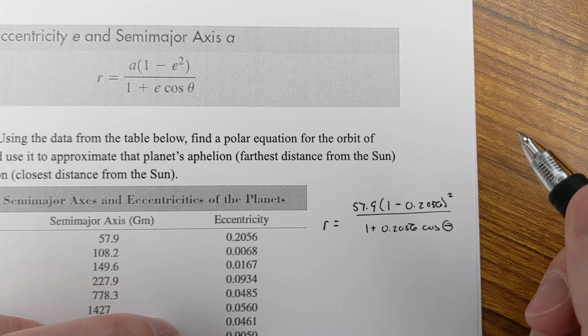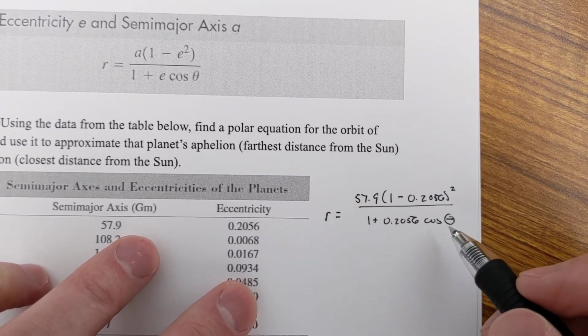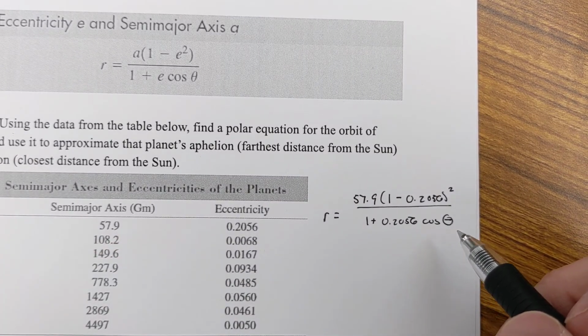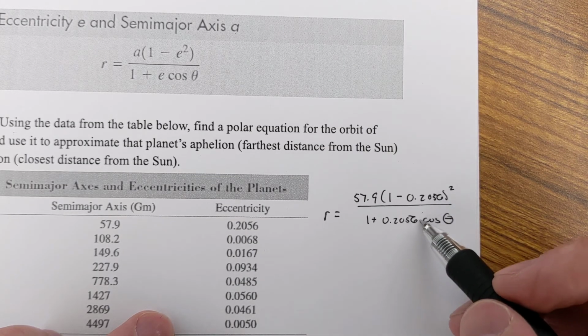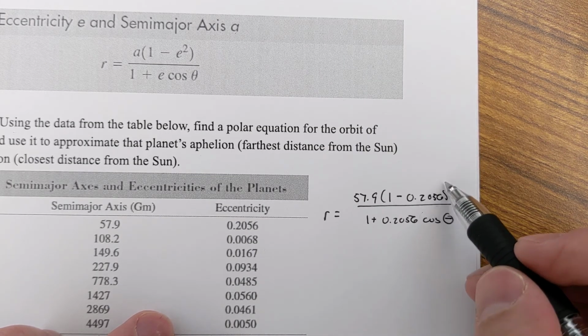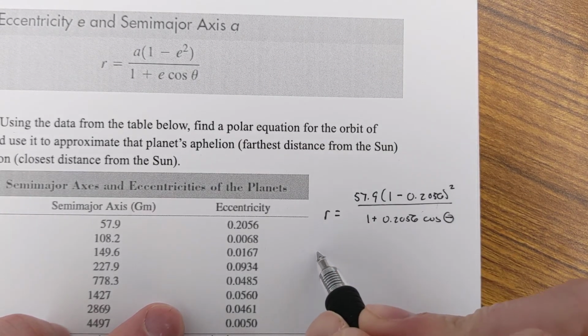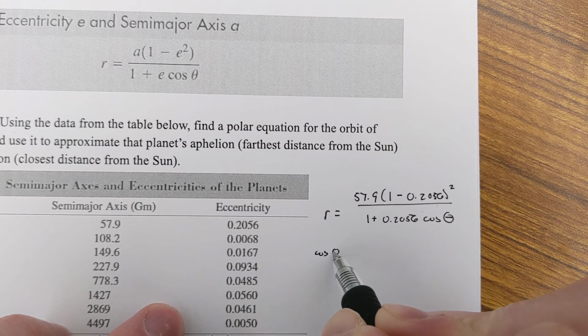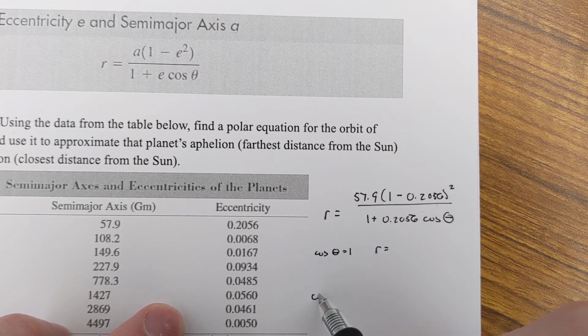So let's see here. Are there any tricks? The two distances are going to be when cosine is largest or smallest, so either 1 or negative 1. So I just need to figure out r when cosine theta is equal to 1, and r when cosine theta is equal to negative 1.